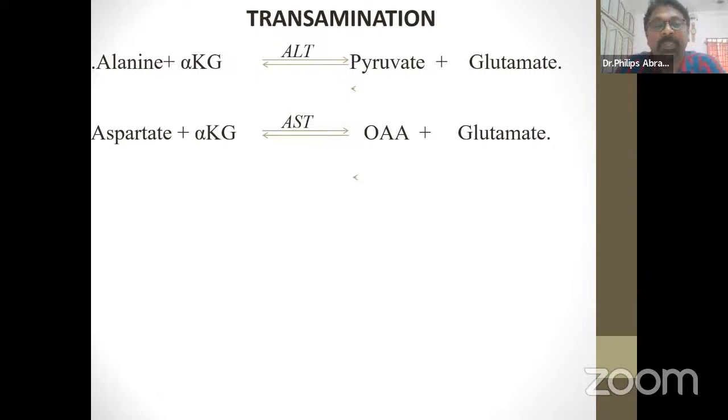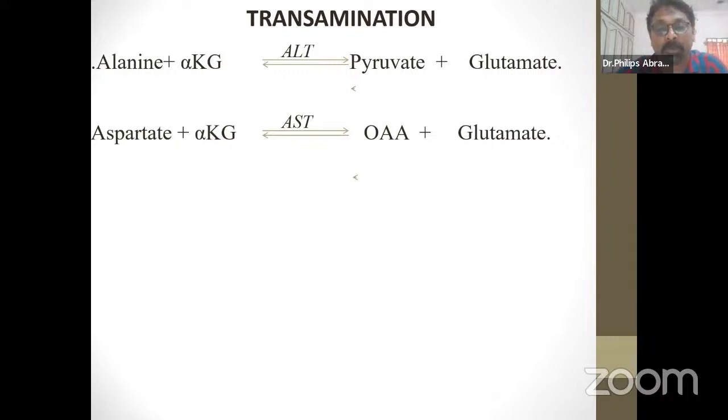That's your first point. Second point, alpha ketoglutarate. In most of the reactions, alpha ketoglutarate is the alpha keto acid which accepts the amino group because it can undergo deamination at a faster rate. So that's the second point. Third, pyruvate or oxaloacetate. What's the importance of that? They are the sources for gluconeogenesis.